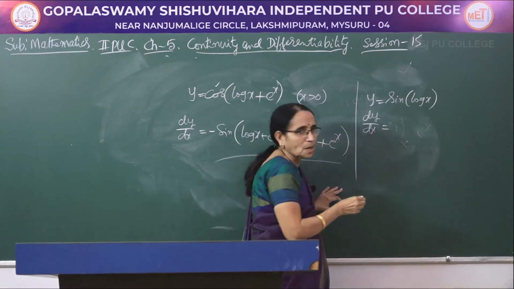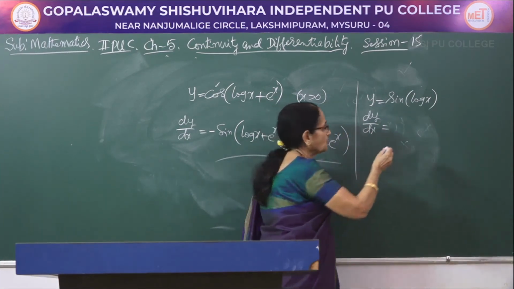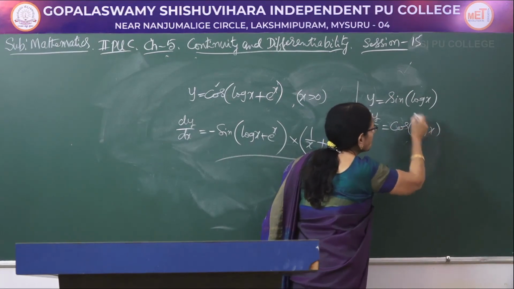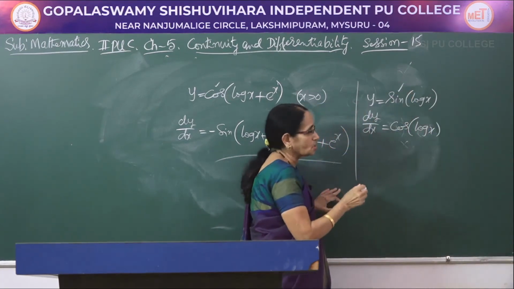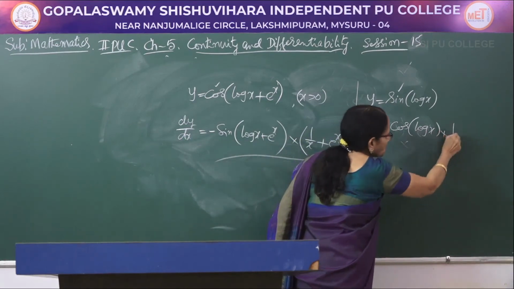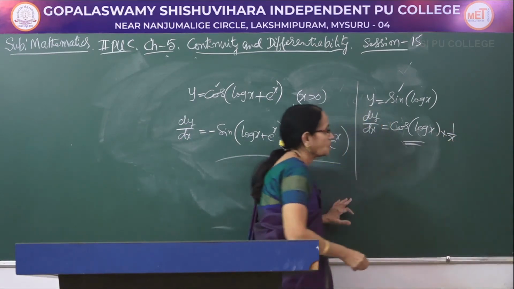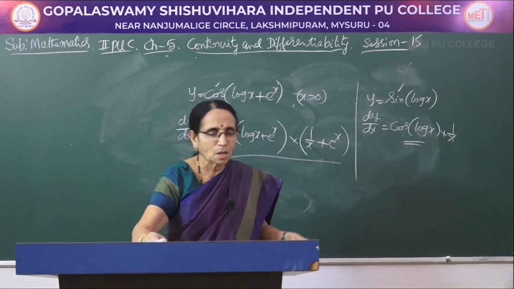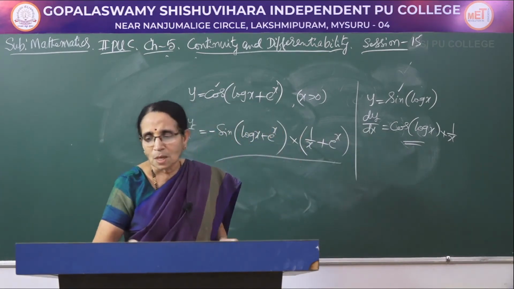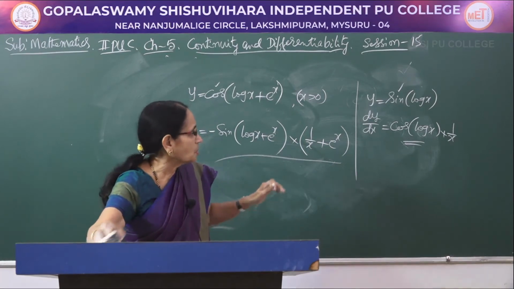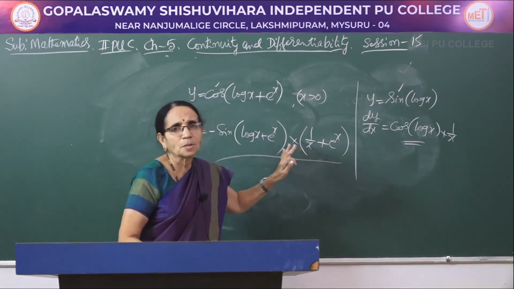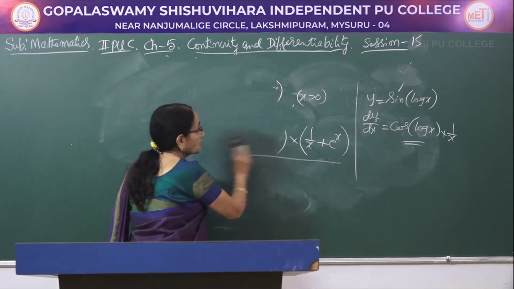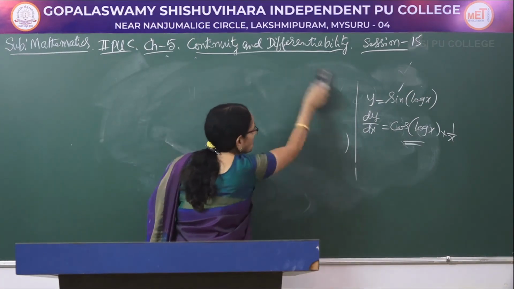So sin of something, derivative of sin of x is cos of x, that is cos of log x. First I took this into consideration. Now, for log x it is 1 by x. In the earlier case, using the trigonometric information, we could simplify that one. Whereas here, it is not possible. So sin of log x becomes cos of log x into 1 by x.